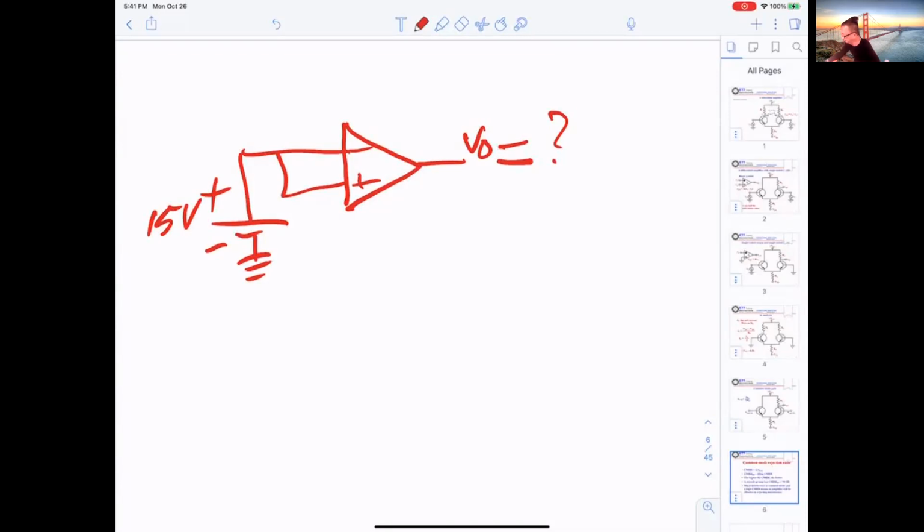I gave the gain. What does VL equal? Three million, tell me. 3 megavolt.